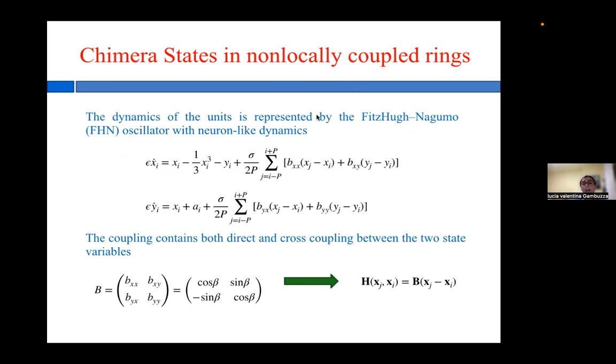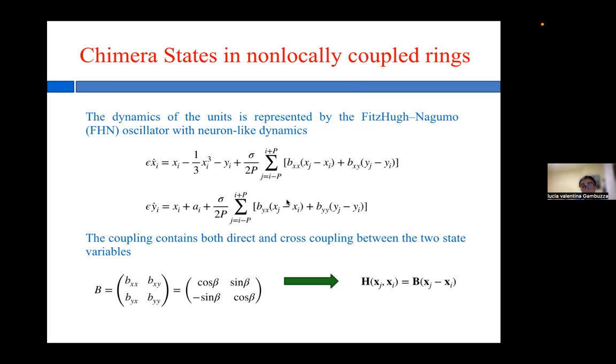In particular, we are considering second-order dynamics, the FitzHugh-Nagumo. So we have two equations for each node, where the first part represents the dynamics of the FitzHugh-Nagumo oscillator, and the second part is the coupling of the ring with the non-local coupling.